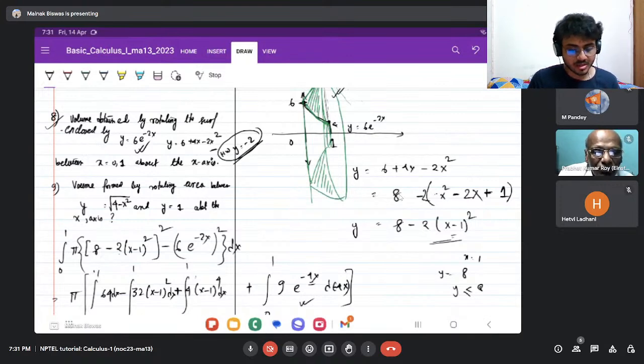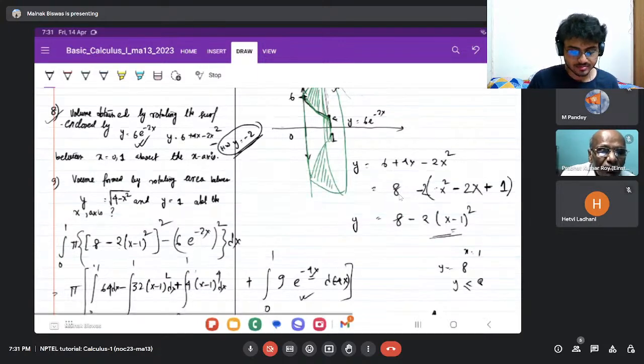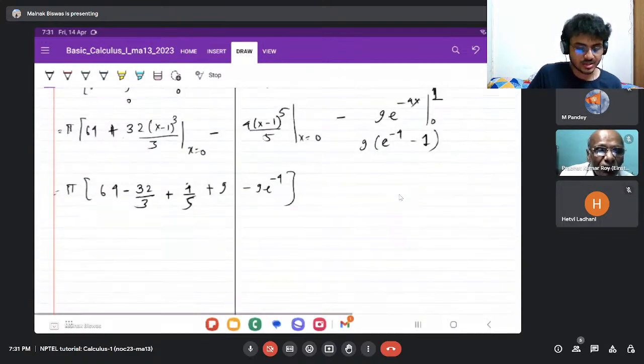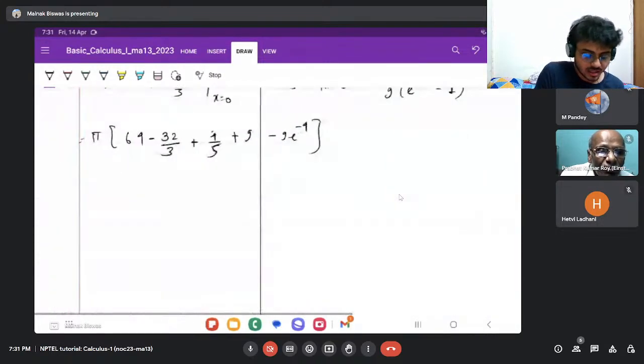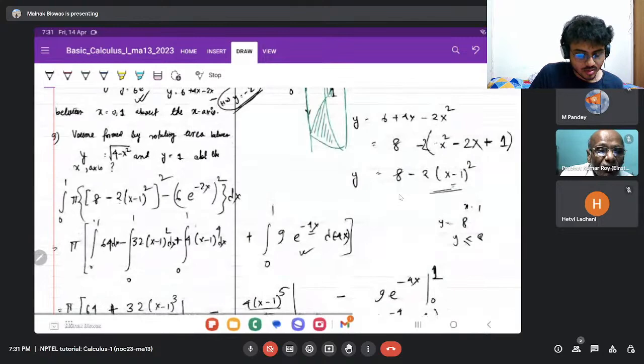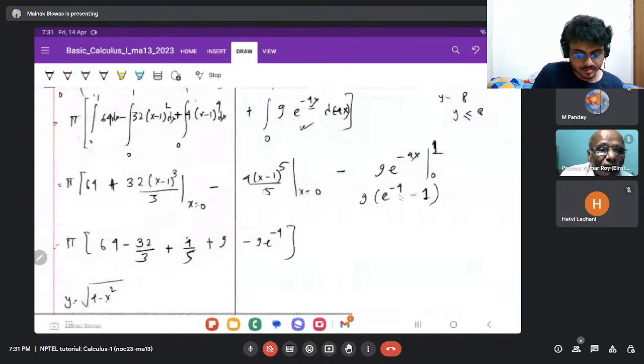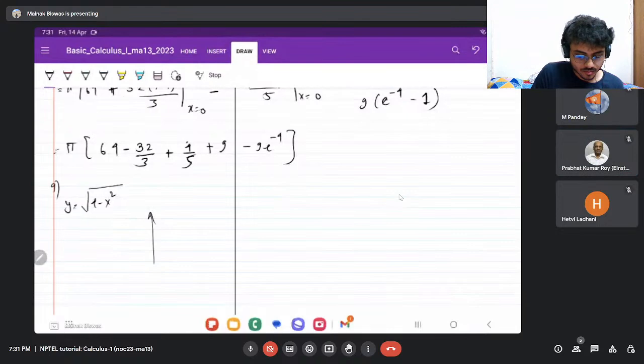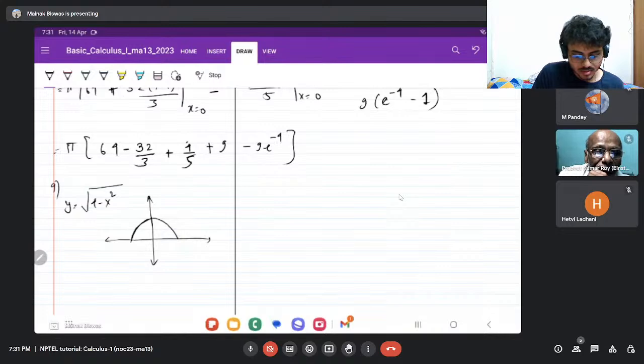So find the volume formed by rotating the area y is equal to the square root of 4 minus x square and y equal to 1 about the x-axis, right? So your question says y is root of 4 minus x square and y is equal to 1. Do you agree that this is, so I should not draw it like a parabola?